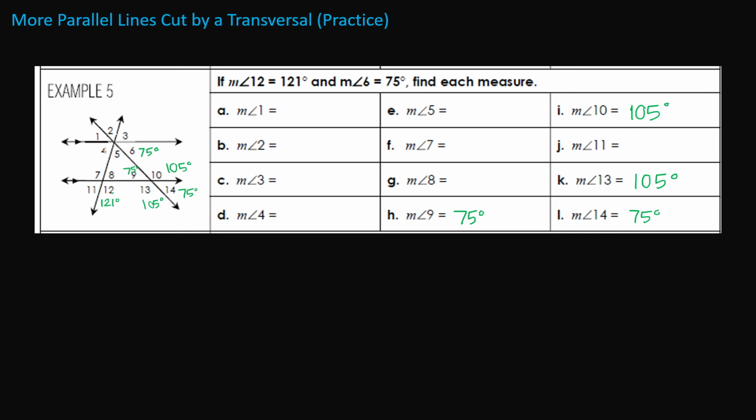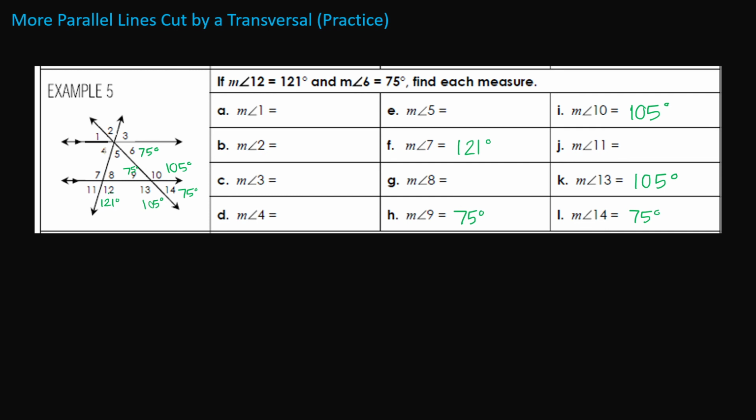Let's keep going. I know that angle 12, which we were given in the start, is congruent to angle 7 because they're vertical angles. That means that angle 7 is 121 degrees. And I know that angle 11 is supplementary to either angle 7 or angle 12. They're the same measure.